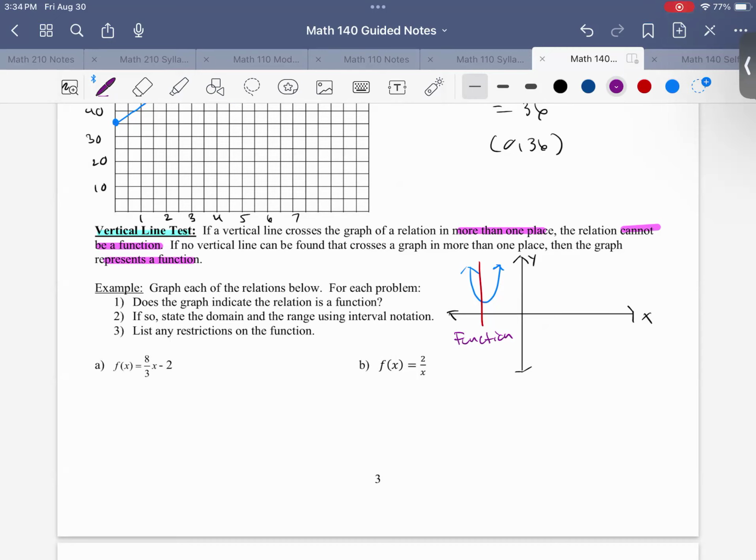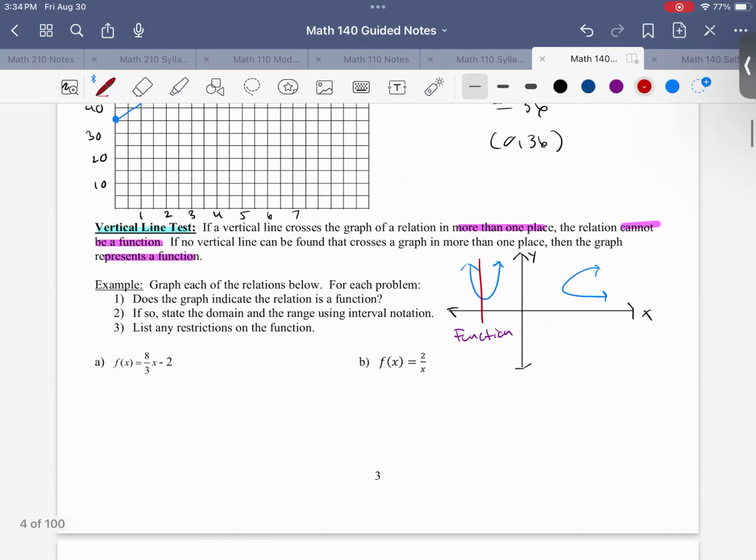Likewise, say I had some type of function like this, and I wanted to see if this was a function or not. If I draw a vertical line through the graph like so, look, I'm touching the graph more than once. So by the vertical line test, this would not be a function.